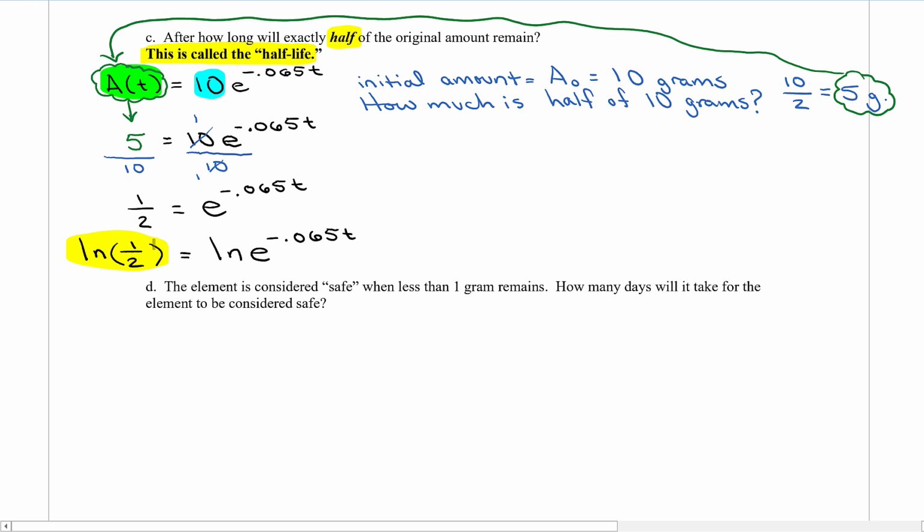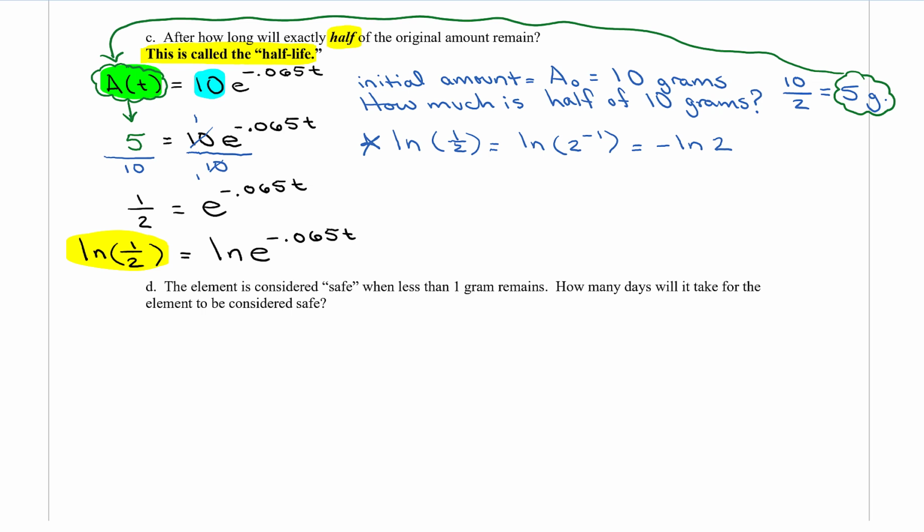I'm going to draw a star, and next to that, I'm going to write down that the natural log of 1/2 equals the natural log of 2 raised to the negative 1 power, which is equal to the negative natural log of 2. So if you recall, based off of our power property of logarithms, we can rewrite the natural log of 1/2 as negative natural log of 2, if we would like to do that.